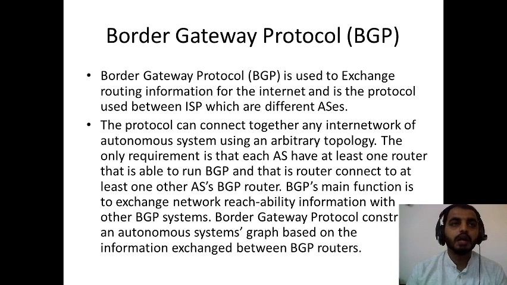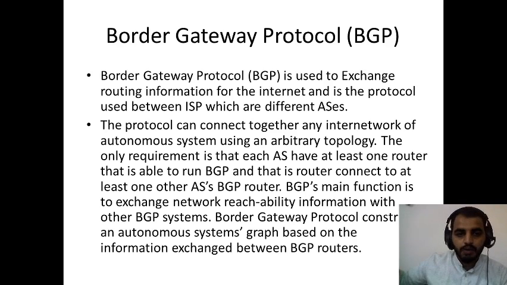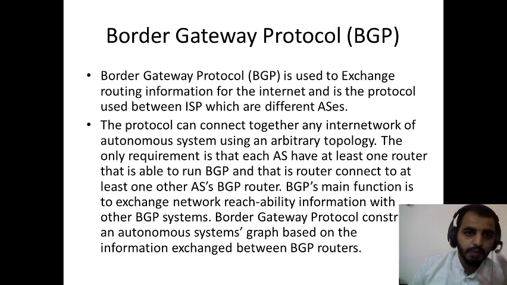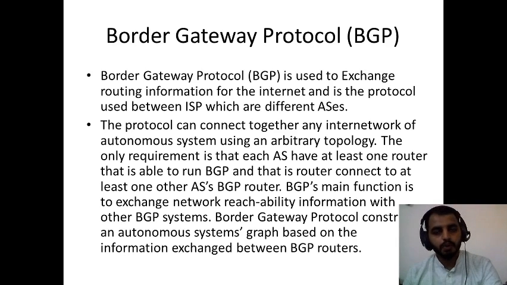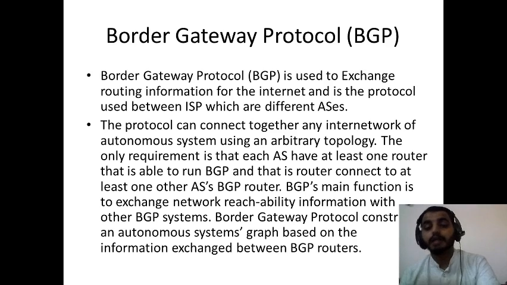Now what is the prerequisite for it? That particular autonomous network should have at least one router that is capable of handling BGP. That router should be able to execute or operate Border Gateway Protocol.